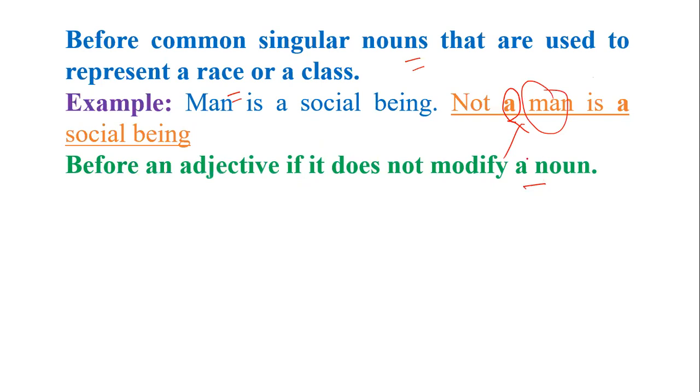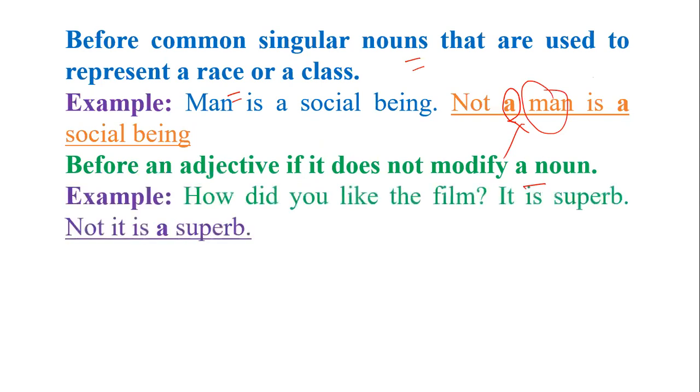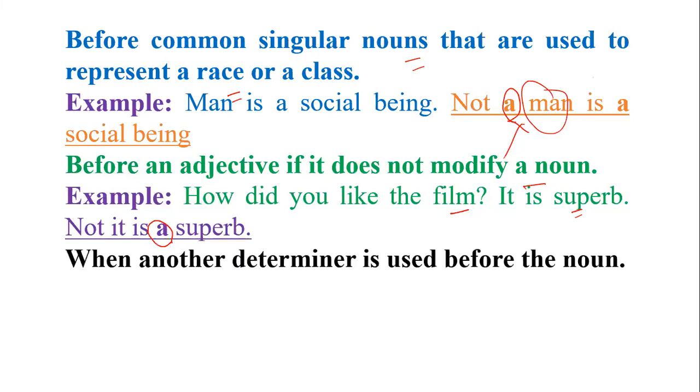A before an adjective can't be used. An example for us: how did you like the film? It is superb. Here the adjective does not qualify a noun, so we can't use a superb. So these are all the cases.